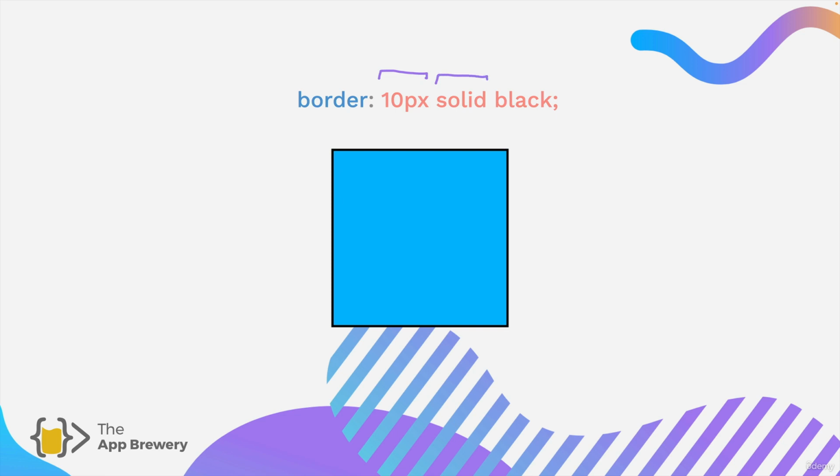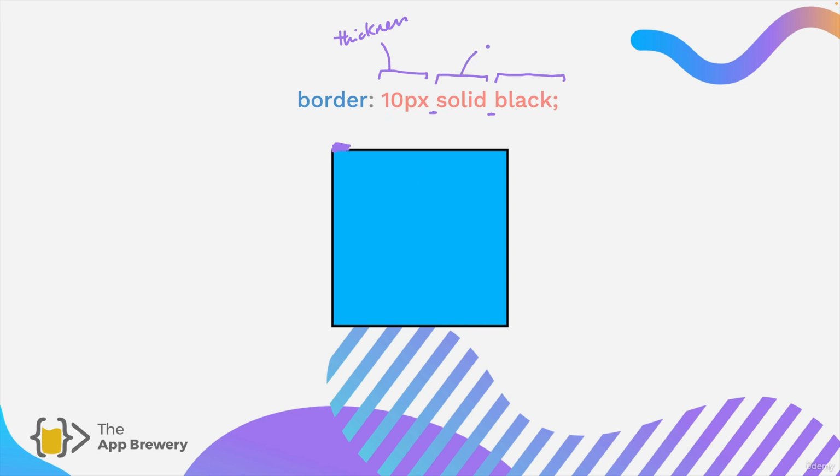It can take three values separated by a space. The first value that you should provide is the thickness of the border. And this, as you can see here, is the thickness of this line. If I made it thicker, then it would look like this. And so we can provide a pixel value for the thickness as the first item.